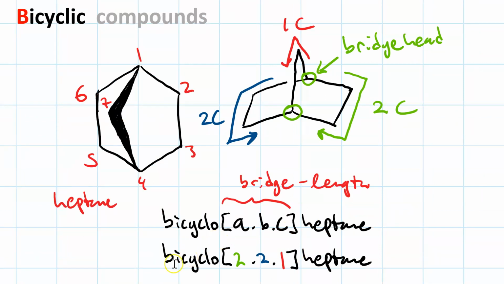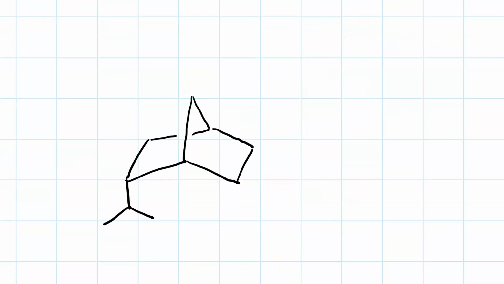So the name of this parent chain is bicyclo, bracket, 2.2.1 heptane. And you always list them in descending order from the longest to the shortest. Say we had a substituent on here. Look, there's an isopropyl.